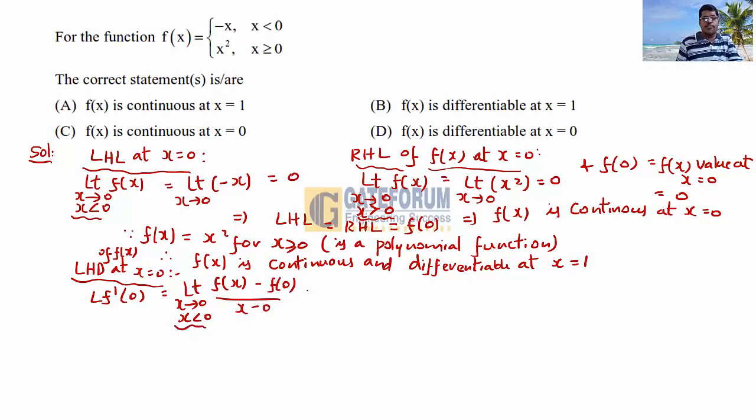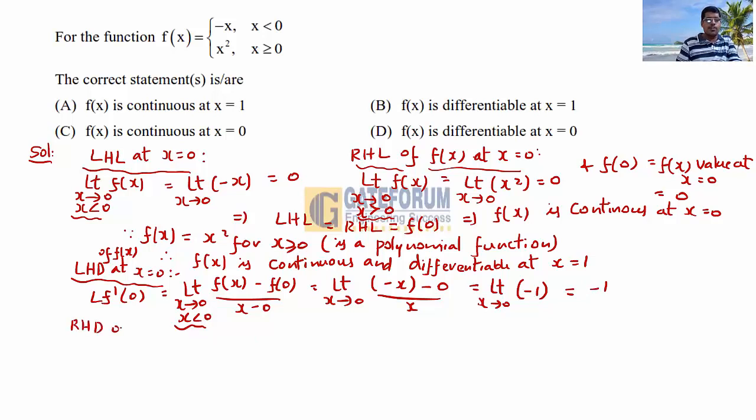This is the slope. When x less than 0, the function value is minus x. So this is limit x tends to 0 minus of minus x minus f of 0, which is 0 square, that is 0, divided by x minus 0. The x cancels, so limit x tends to 0, remaining is minus 1. Limit of a constant is itself. So you will be getting left hand derivative minus 1.